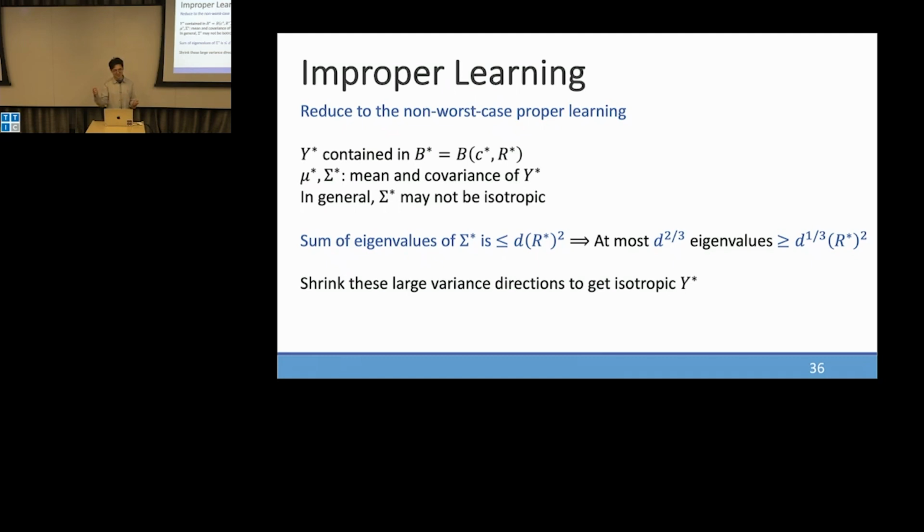Then when we find a ball in the transformed space and go back, we get an ellipsoid in the original space, but still with a small volume guarantee.